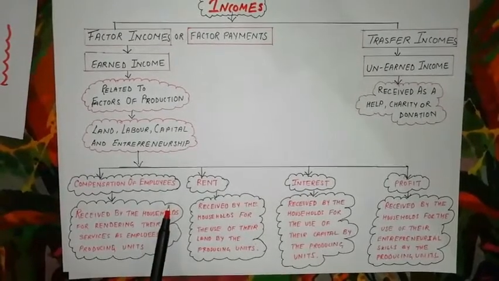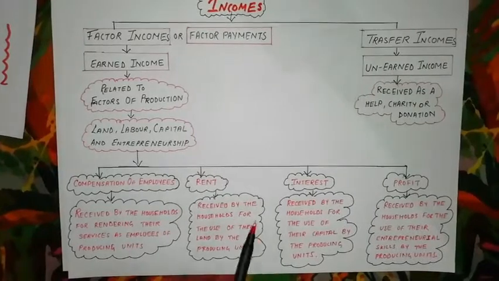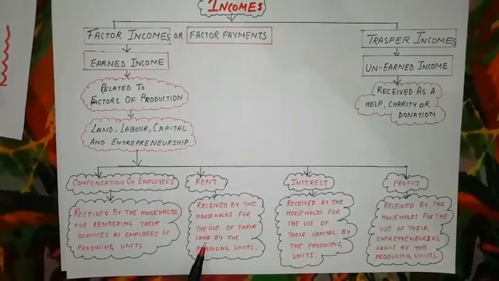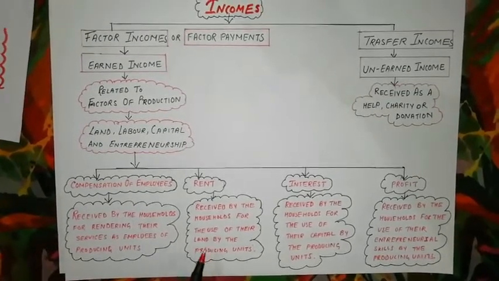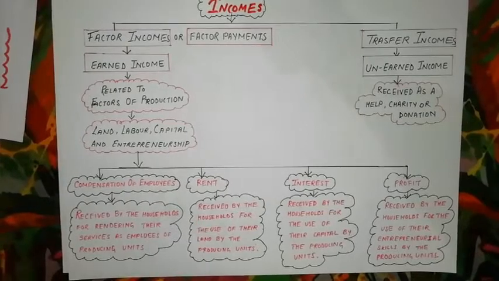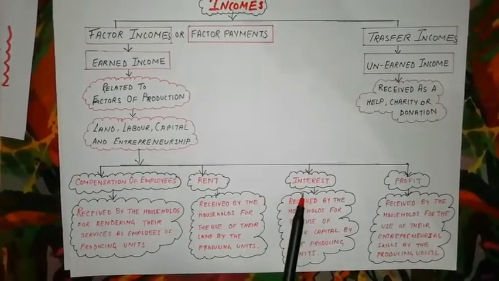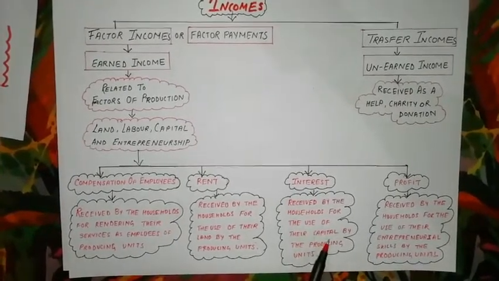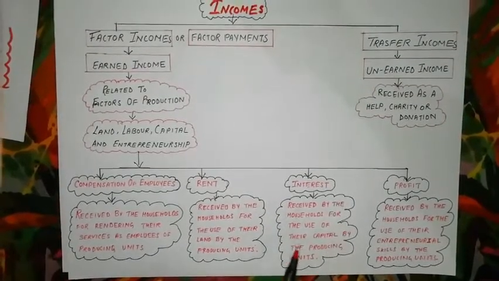For example, a single family or a group of people, for rendering their services as employees of producing units. So whatever service you provide to the producing unit, in return what you receive is called compensation of employees. Next is rent, received by the households for the use of their land. When any land is utilized by the producing unit, in return what you generate in monetary terms is called rent. Next is interest. Interest you receive on capital, right? So received by the households for the use of their capital.